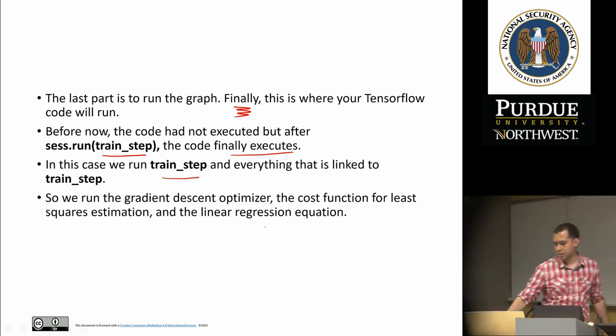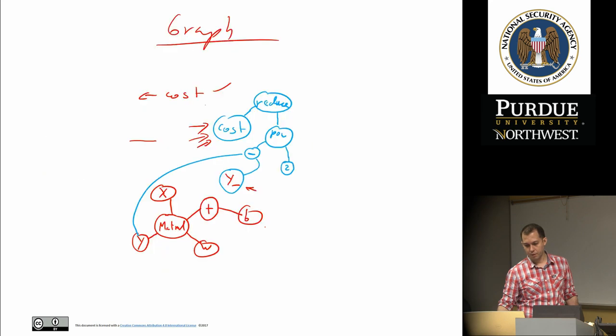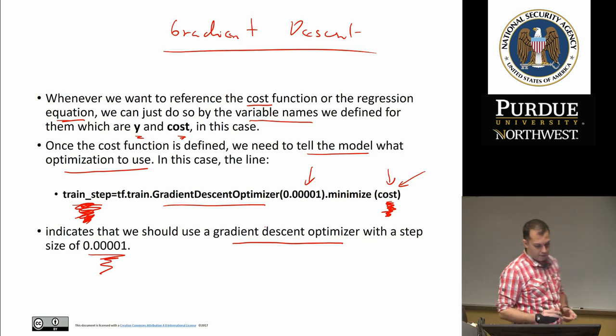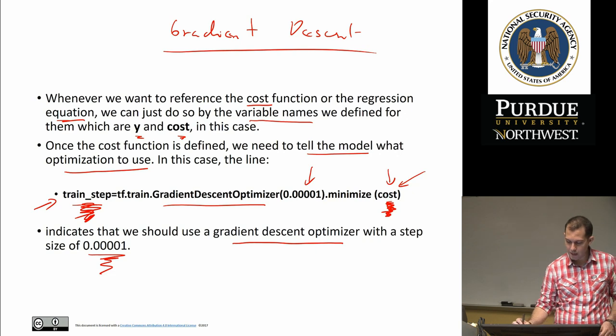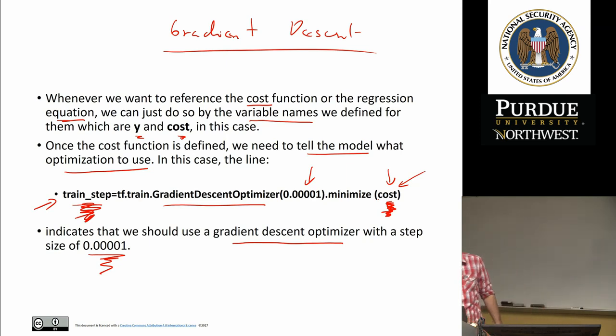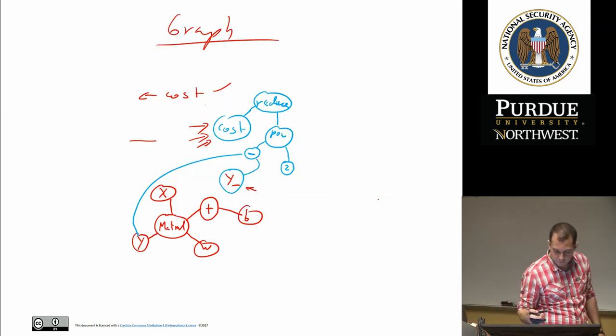Remember, train step is over here. Train step basically calls the gradient descent optimizer and calls cost.